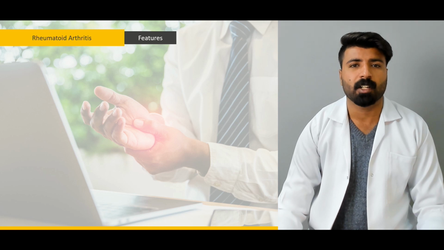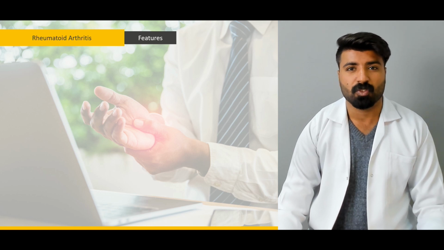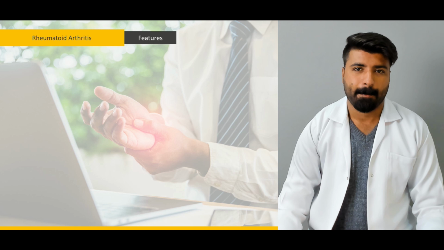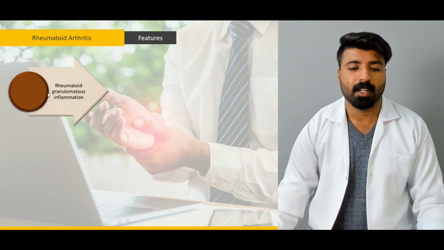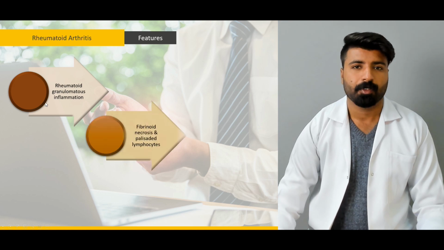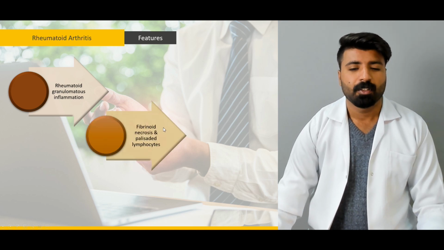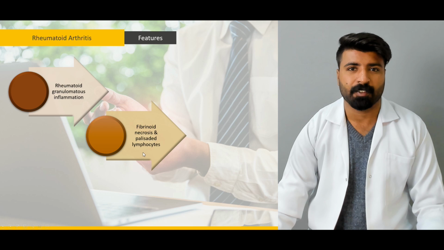Next on, we have rheumatoid arthritis. So the question we're going to ask is, can rheumatoid arthritis lead to rheumatic fever? So what's the answer? Rheumatoid granulomatous inflammation will lead to fibrinoid necrosis and palisaded lymphocytes, meaning these are the consequences of it.